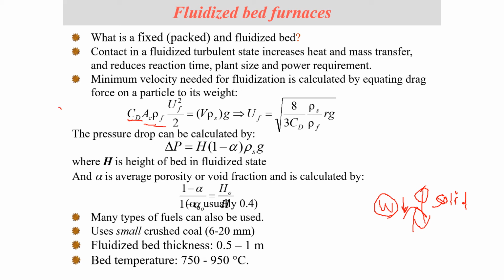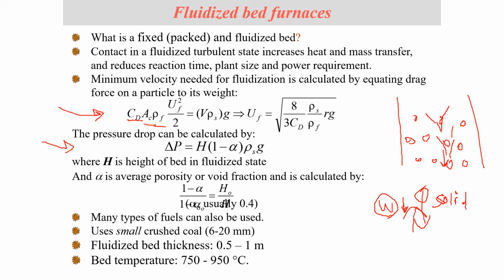All of this combined gives us the pressure and velocity, which will allow us to maintain the optimum height of coal particles inside this bed. Obviously, the larger particles will tend to move towards the bottom, since they require a much larger flow of air, but the smaller particles can be suspended at a greater height. So that will ensure that there is a reasonable distribution of coal in the air.